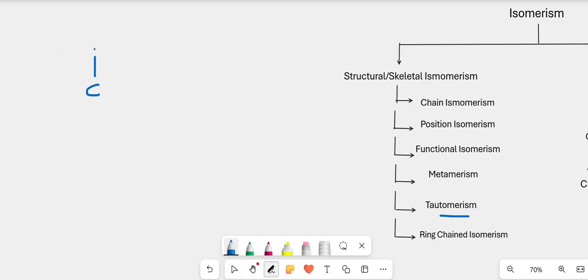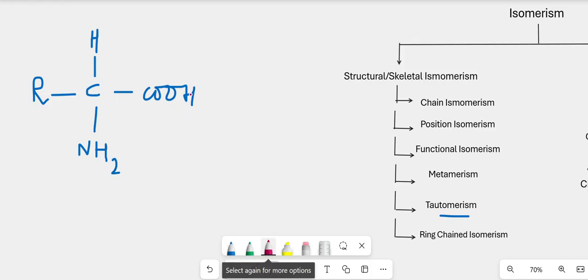You have carbon, you have a hydrogen, you have the R chain over this side, and you have COOH, and you have the NH2 bond over here. Now, what can happen is that this hydrogen can come to this nitrogen and form NH3 over here.